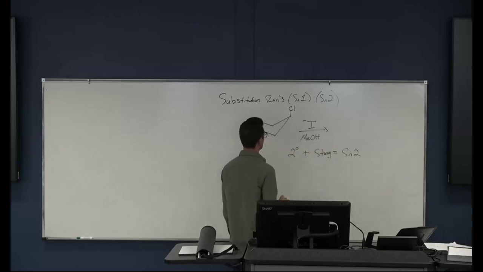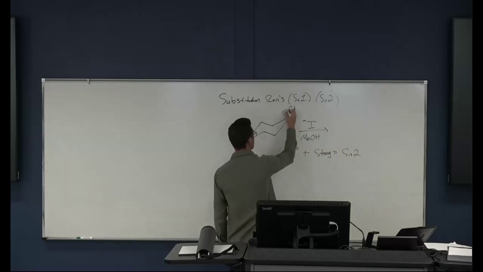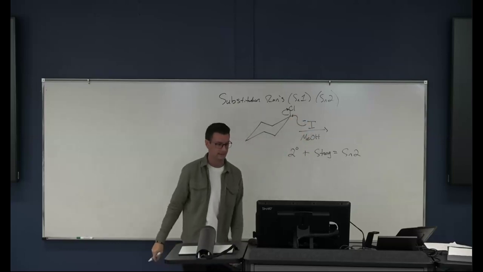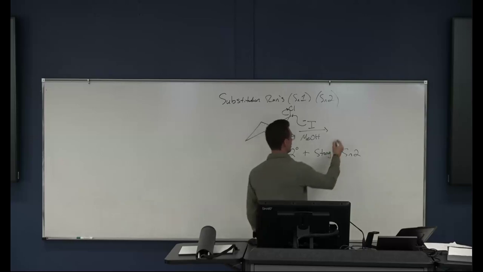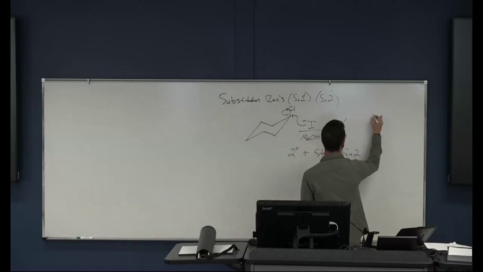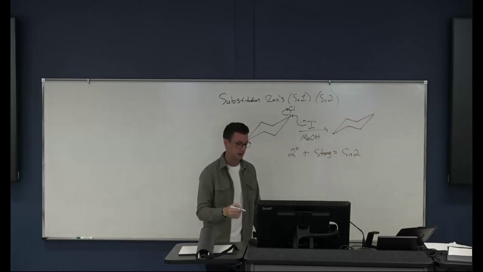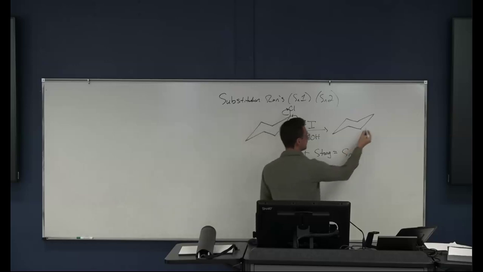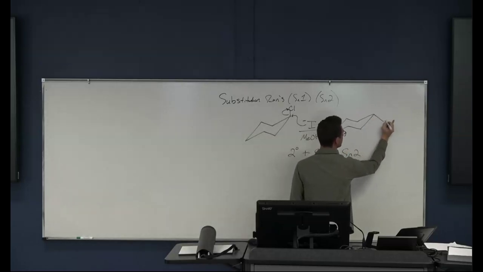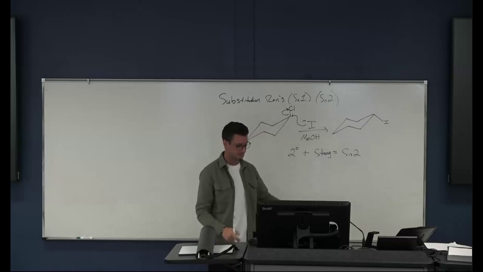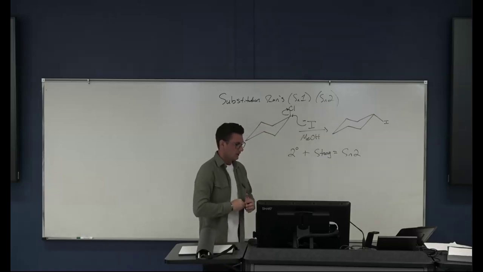Okay. So our chlorine is going to leave and our iodine is going to come in and take its place. Okay. But what this is going to look like is the following. All right. It's not straight up, it's diagonally down. All right.